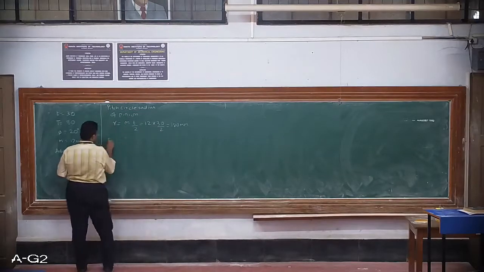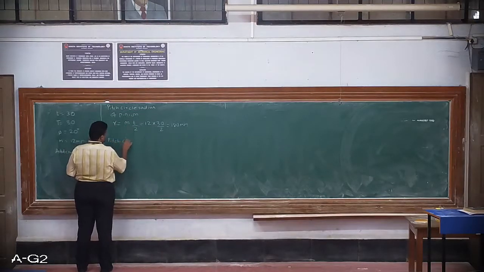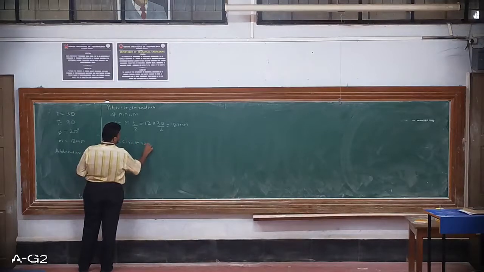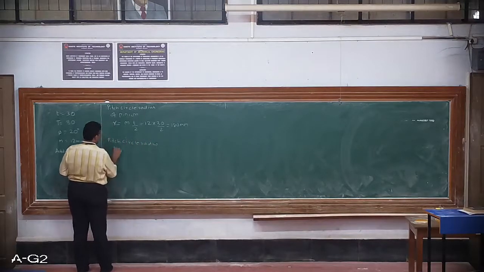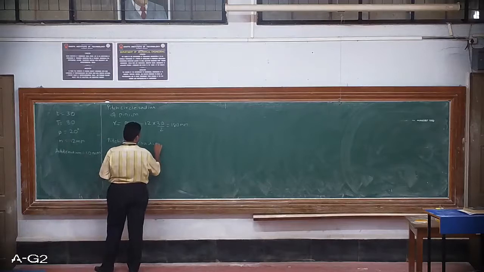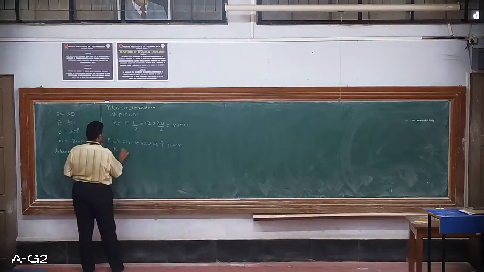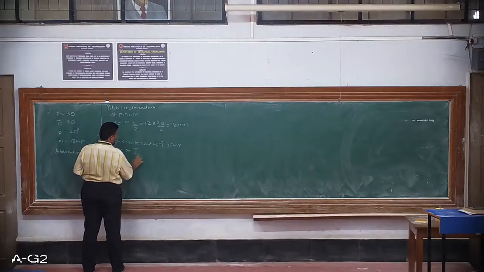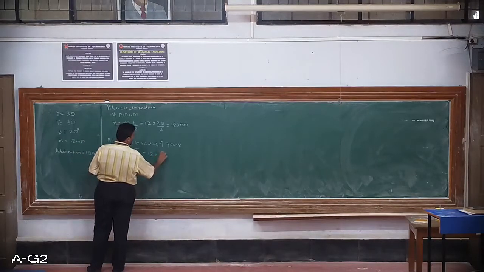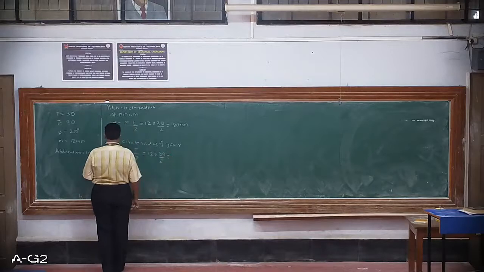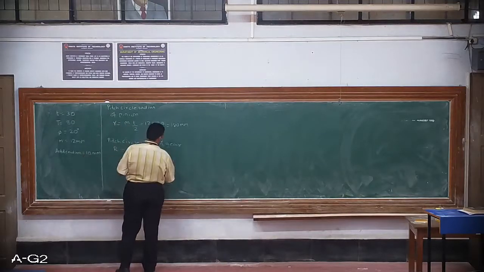Next we will calculate the pitch circle radius capital R of gear. So capital R is equal to m into capital T by 2. So 12 into 80 by 2. So this comes to 480 mm.